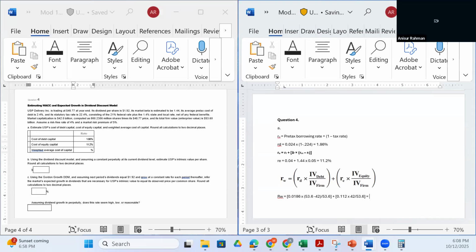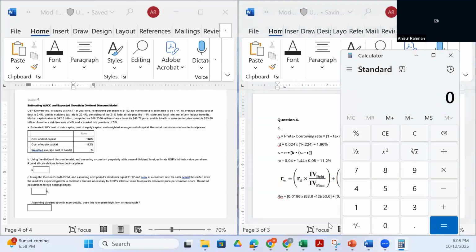Okay, so let us do this calculation. I'm going to start with this part first. 53.6 minus 42 divided by 53.6.